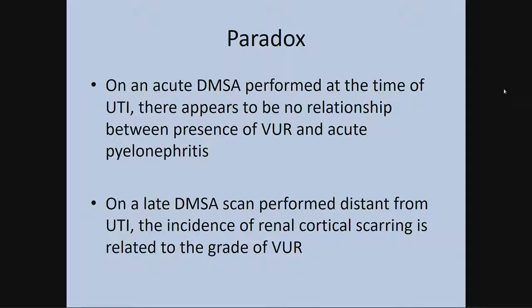So there's an apparent paradox: on an acute DMSA performed at the time of urinary tract infection, there appears to be no relationship between the presence of reflux and acute pyelonephritis. But on a late DMSA scan performed distant from the infection, the incidence of renal cortical scarring is related to the grade of reflux. And I think the explanation for this paradox is that a lot of these children have got antenatal damage.